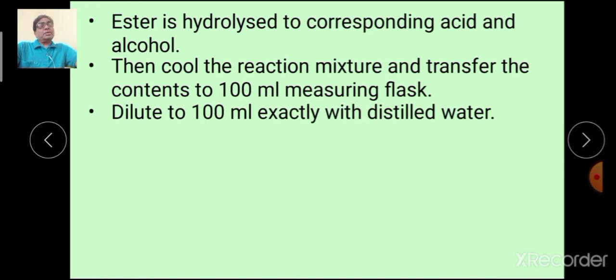Dilution is done using distilled water, and therefore dilute the reaction mixture to 100 cc exactly with distilled water.